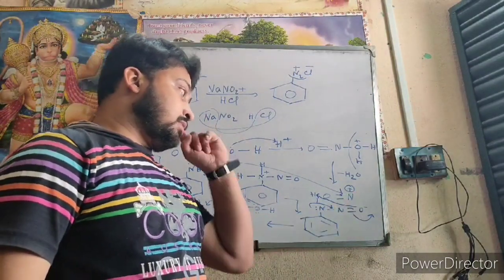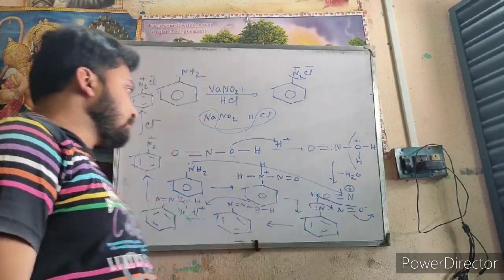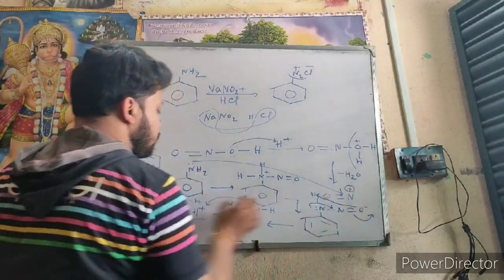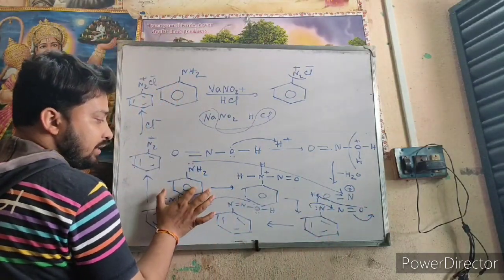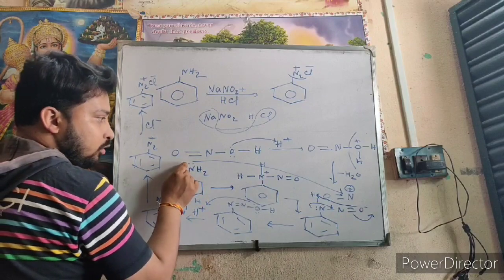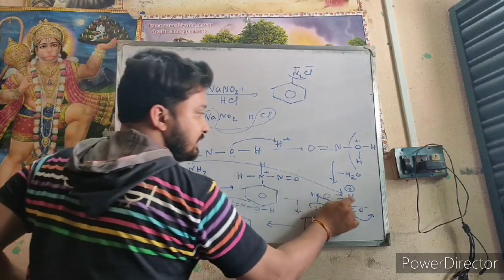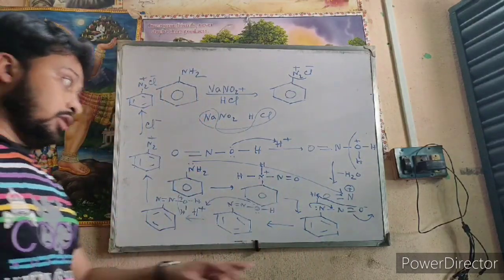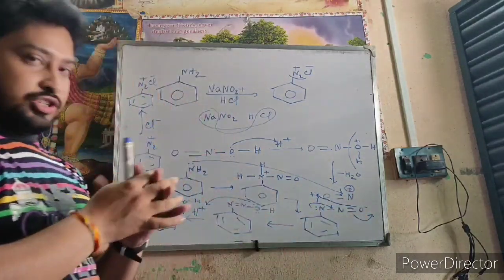N shows the positive charge on its head. So when you take this aniline, meaning benzene and NH2, the lone pair on the nitrogen attacks this N plus. Why? Because this N plus shows a positive charge.